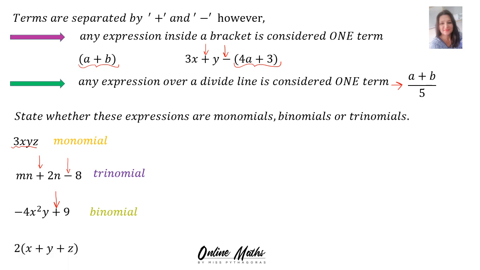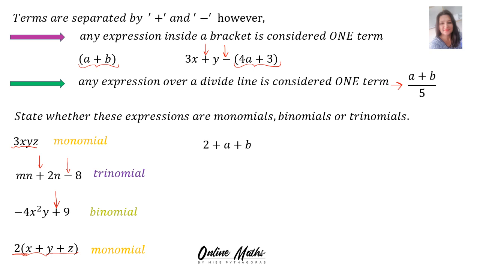Now this one looks as if there's 3 terms, as if it could be a trinomial, but it's definitely not. The bracket joins everything inside the bracket together, and when the 2 stands directly next to the bracket, it means multiplication. Therefore, that is a monomial. It's one term.